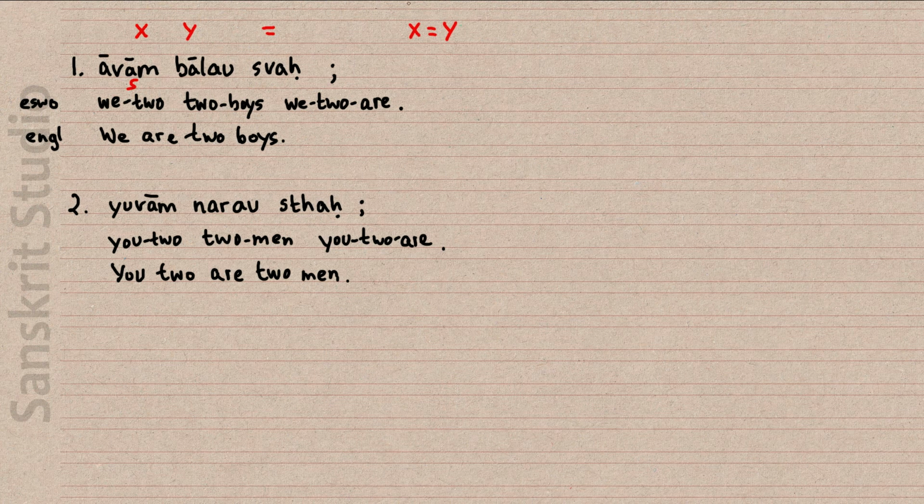The subject is x and the noun predicate is y, and svaḥ is the equal sign there. So the subject is we and the predicate is two boys, the noun part of it. All right. So similarly here we have yuvam, it's also the subject. So it's you two that is the subject.